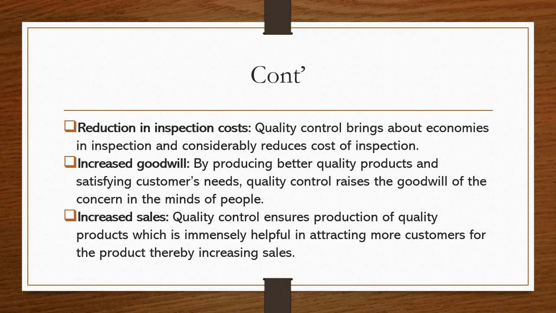So if the general public develops goodwill about the business, then that is a form of intangible asset for that company, because it helps the business to market its products easily and even increase sales, since the community or the public has trust in the products produced by that specific business.